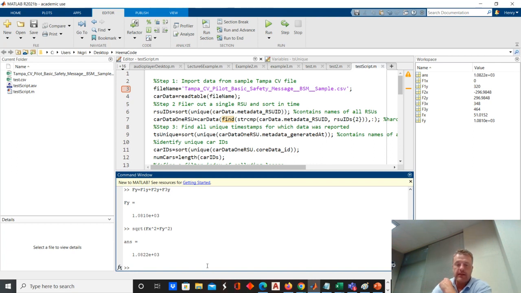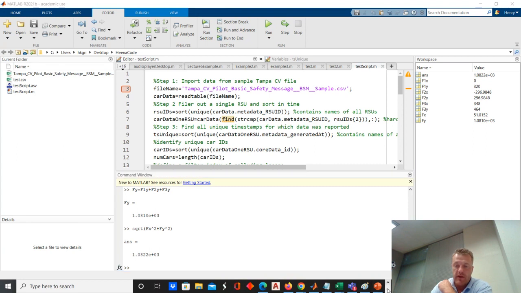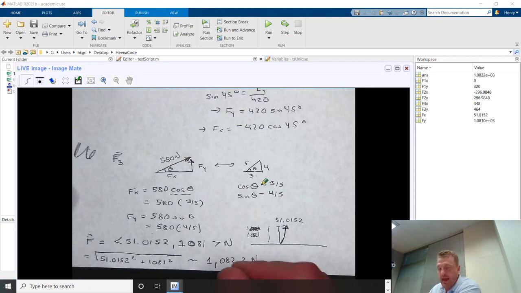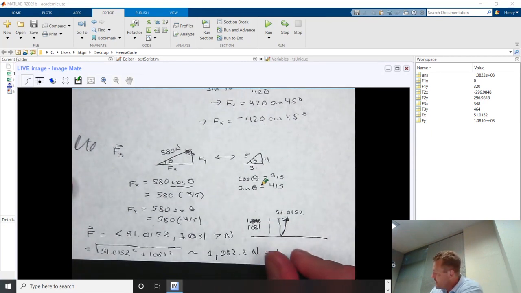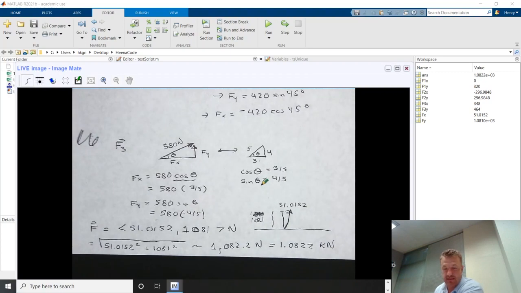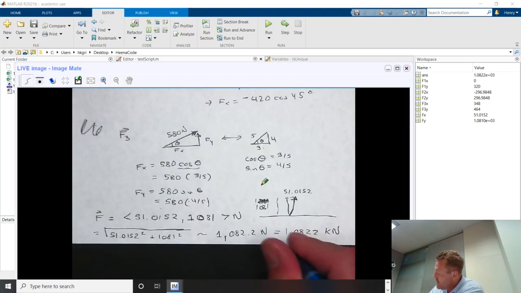Using the idea of engineering notation that we spoke of earlier, where we want all of our coefficients to be between 1 and 1,000, I would absorb 3 orders of magnitude and write this as 1.0822 kilonewtons. And remember that 3 sig figs displays only the precision that is meaningful here. You would say this is approximately 1.08 kilonewtons.